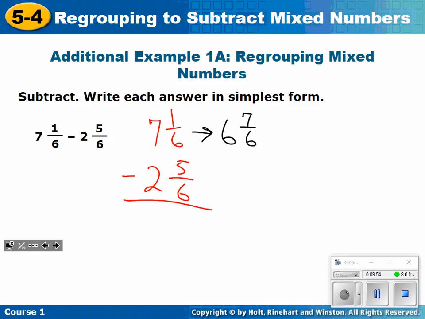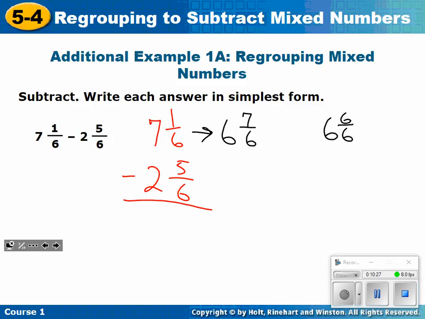Okay, you might be saying the same thing as I am, but here's what, I'll explain it the way that will help me. We took this 7 and we converted 7 to a 6, and you don't have to write this part down. 6 and 6/6, this is the same as 7. 6 plus 6/6 is 7, because 6/6 is 1.